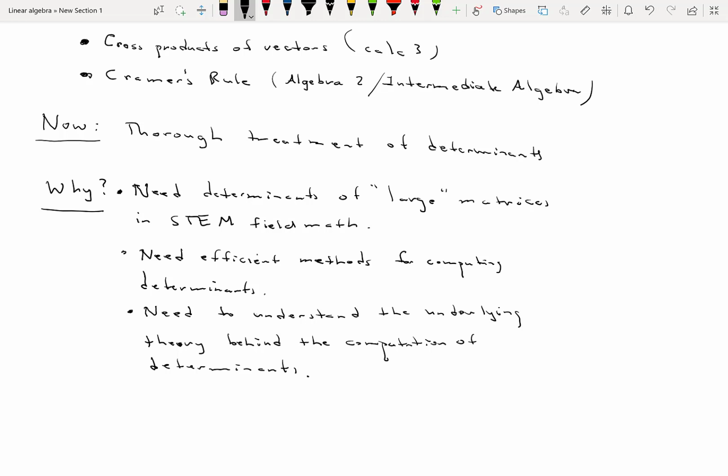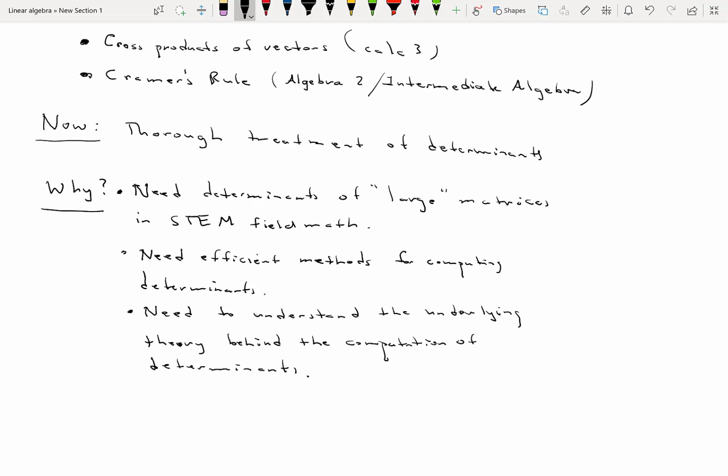The fact is, the computation of the determinants that you did in Algebra 2 or in intermediate algebra or even in Calc 3 were determinants of fairly small matrices, most likely 3 by 3 matrices. Well, the number of operations required to compute determinants for large matrices is astronomically huge, even for relatively small matrices, even for like 25 by 25 matrices, which in the scheme of things isn't that big.